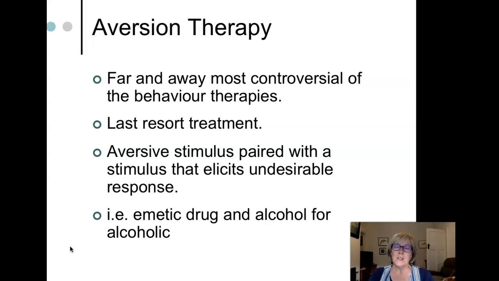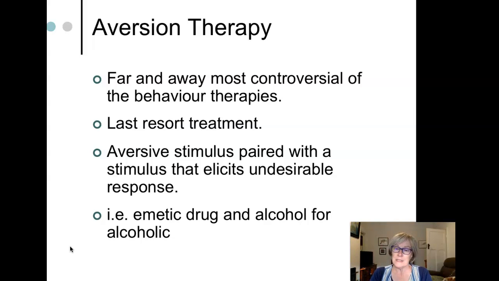So aversion therapy is a very controversial therapy because it uses classical conditioning by pairing a stimulus with another really undesirable response. So for instance, if you are an alcoholic, you can take a drug that will make you feel nauseous whenever you smell alcohol or taste alcohol.